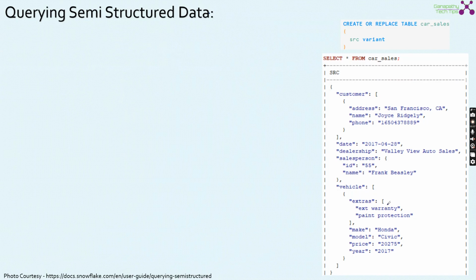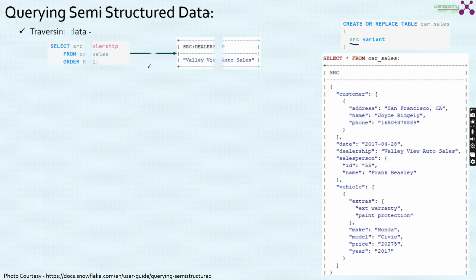Within that there is an extras which contains another array. It is a completely complicated semi-structured data set. But now we will see how we can utilize a variety of options within Snowflake to query this data. Currently, this data is stored inside this SRC field, which is the variant data type.